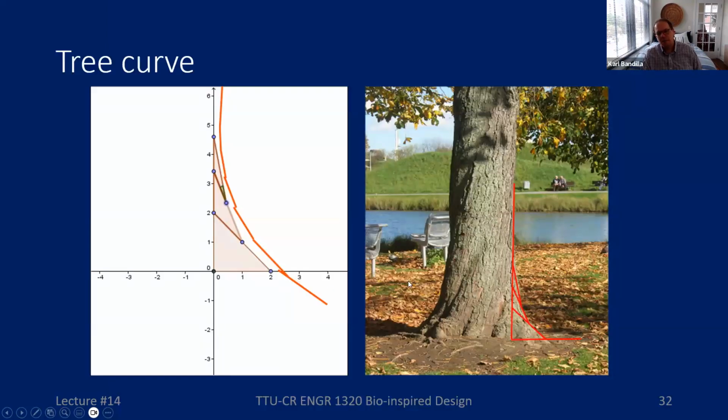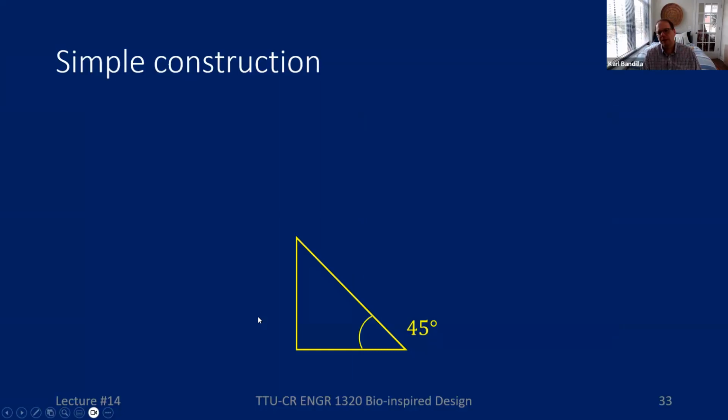And you can find that all over the place. Now, the trees with those big roots that are exposed, the big walls of roots coming out, that's a little bit different because the way that they anchor themselves into the ground is a little different. But still, if you go a little higher up, you'll notice where they start is on the same tree curve. And so we can find this tree curve all over the place. And it's not just a theoretical curve, we can actually reconstruct what it looks like mathematically.